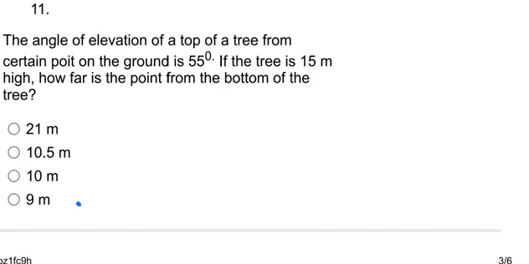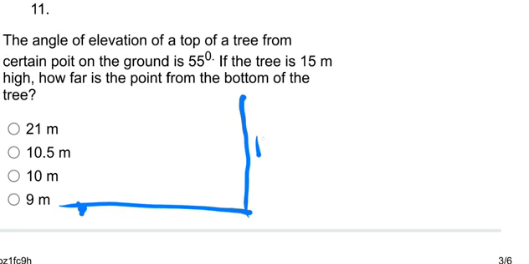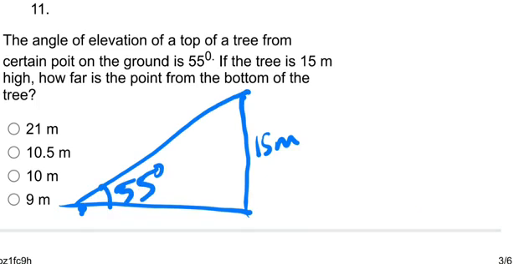Assuming this is the point here on the horizontal ground, you have a tree that is here. The tree is 15 meters high, and you look at it and raise your head up. That's the angle of elevation. You raise your head up by 55 degrees.